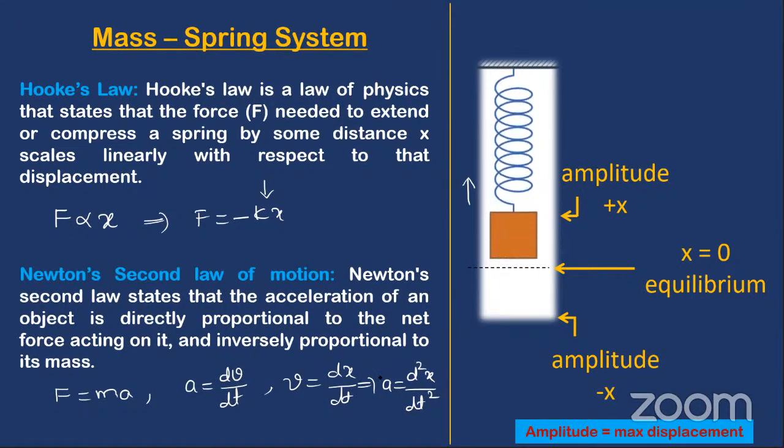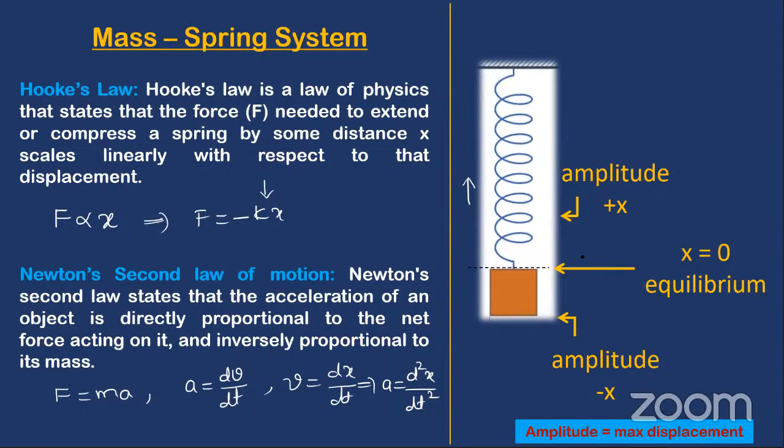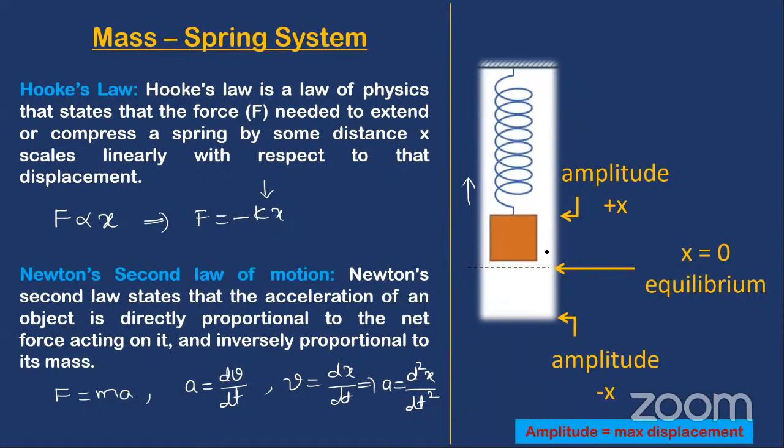Now, we are simply considering a simple mass spring system without any damping, right? Damping in the sense there is no wind resistance or friction which resists the motion of the spring. To model this particular system mathematically, we are considering all the forces acting on this system.